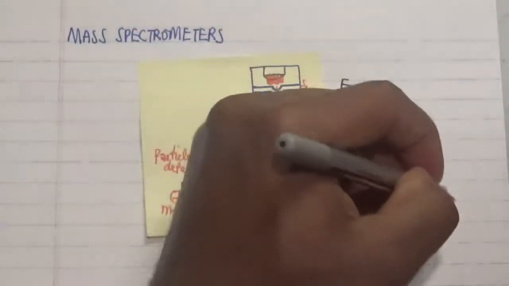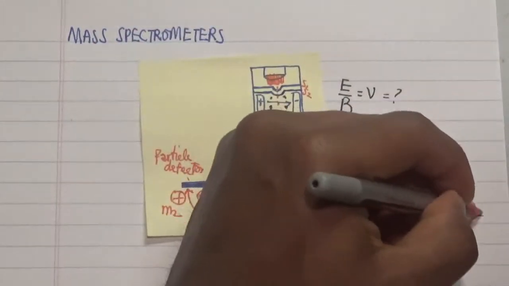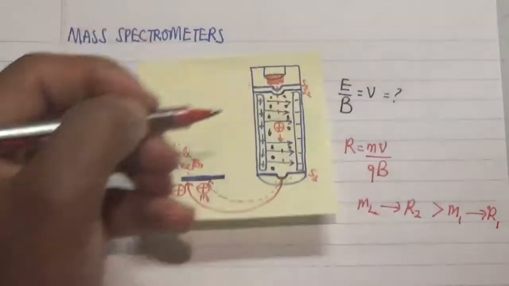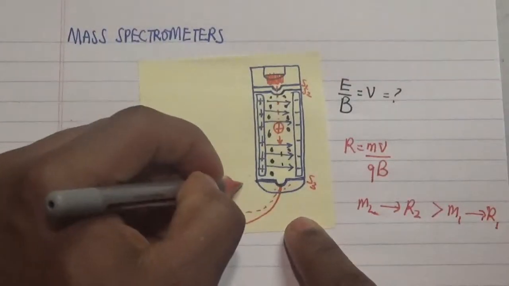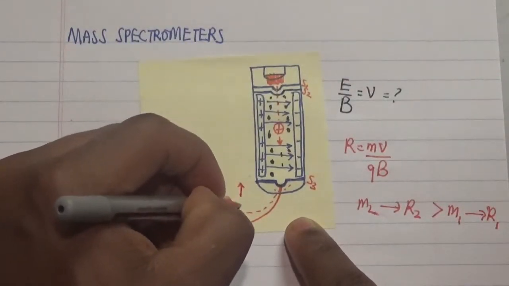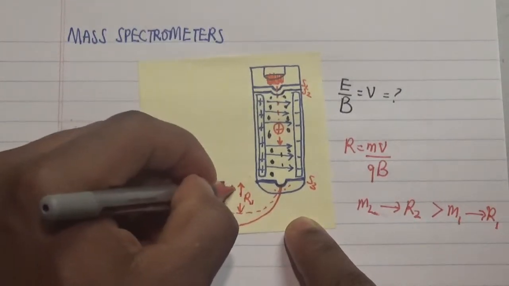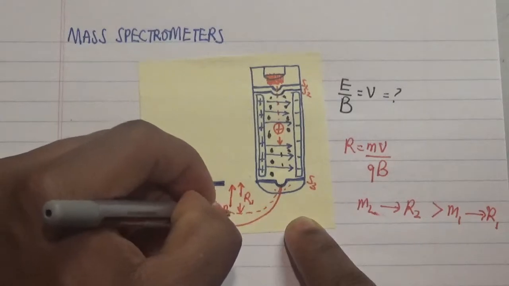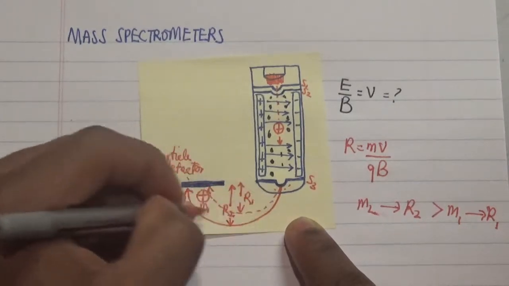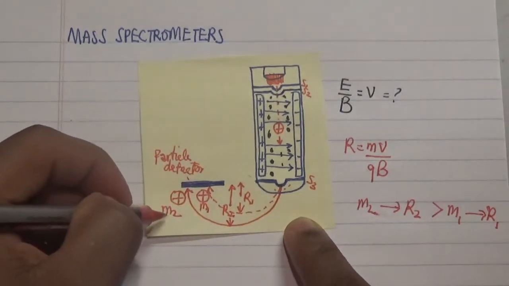This will be greater than our M1 radius, which is R1. So we have radius R1 with respect to M1, and the bigger radius R2 with respect to mass M2.